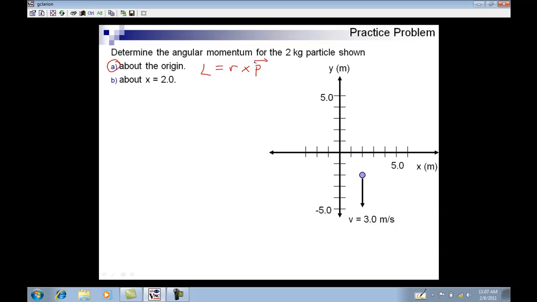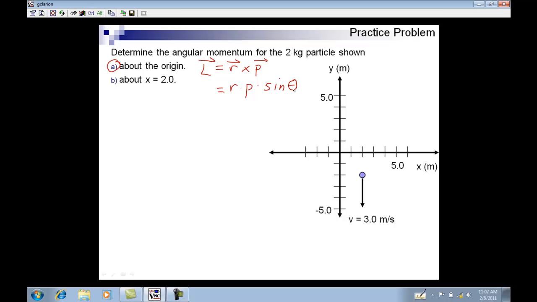The way this is written, it should have arrows above it. My calculus teacher at Cal Poly always drew half of an arrow, and I just got used to drawing it that way. I can figure this out because, remember, for the cross product, if I just multiply the two magnitudes times the sine of theta, I should be okay.